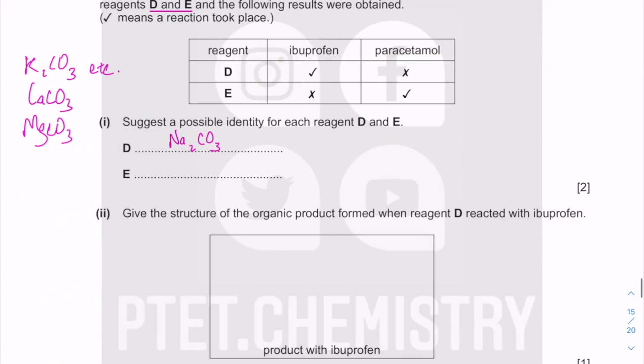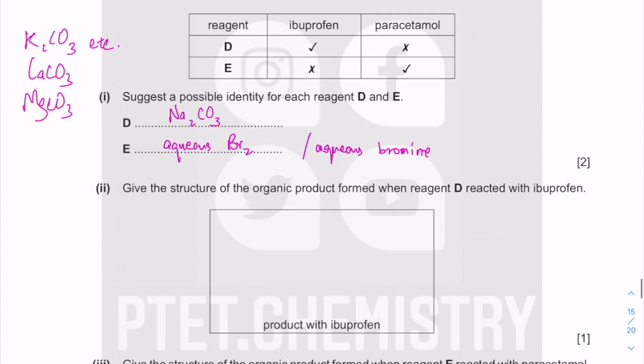So the one that reacts with paracetamol, not ibuprofen, I could think of it as aqueous Br2, or you can say aqueous bromine, but what you cannot say is aqueous Br, because even the Br2 in water exists as Br2.